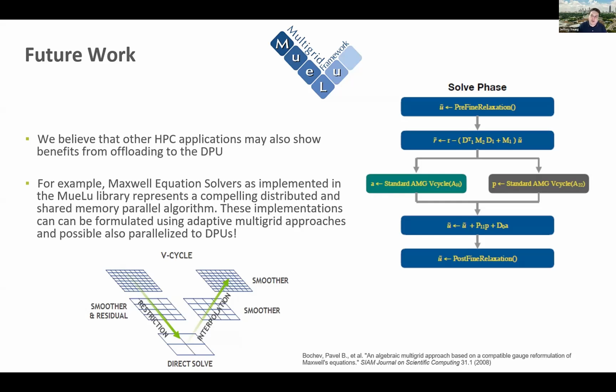On the right-hand side, we have this complicated looking solve, and you'll notice we have these different steps in blue that are preparation and post-processing type steps. But in the middle, you have these 2 computation pieces, and one of those may be a potential offload candidate.